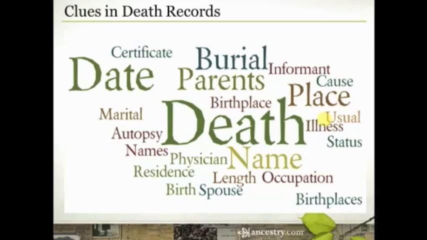Sometimes it'll also include details about the person's marital status, their spouse's name, their occupation. Parents' names, and sometimes you get really lucky and there's also parents' birthplace information included.